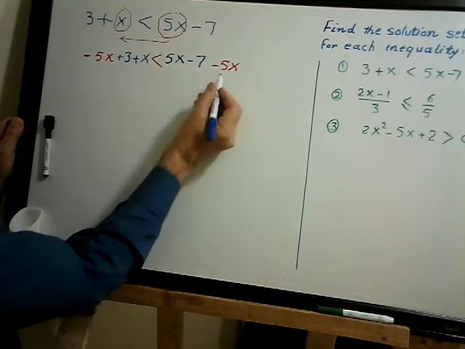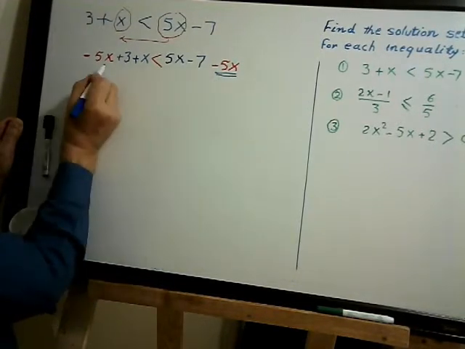So we just added negative 5x to both sides.